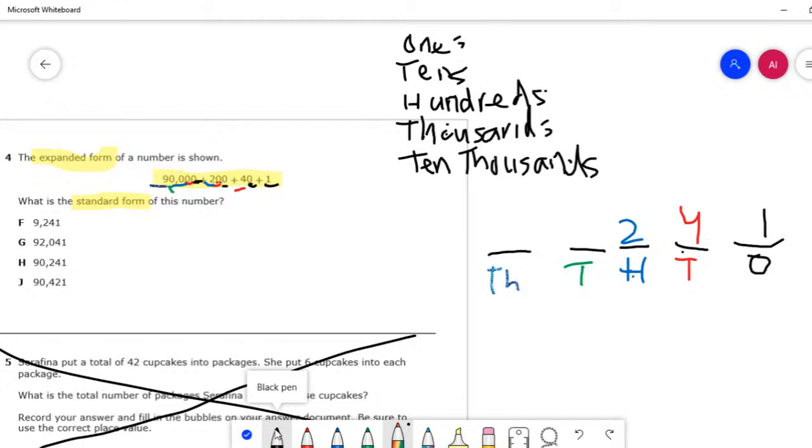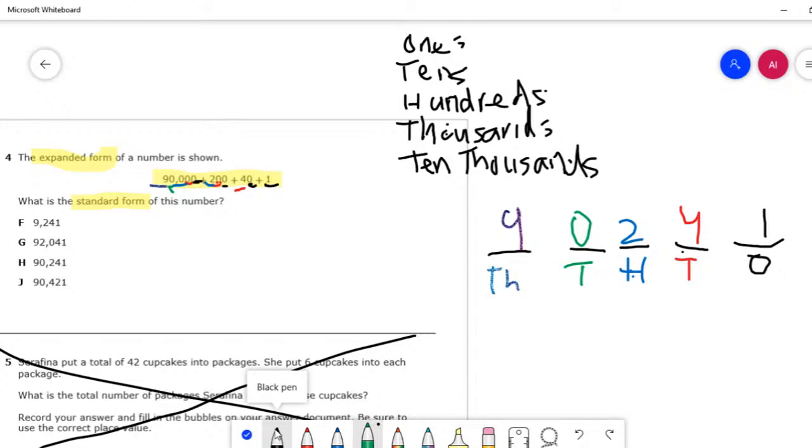So in the 10,000s place, we will put a 9 here. And because we don't have any real values for the tens place, since that's our thousands place, we will just put a 0 here.